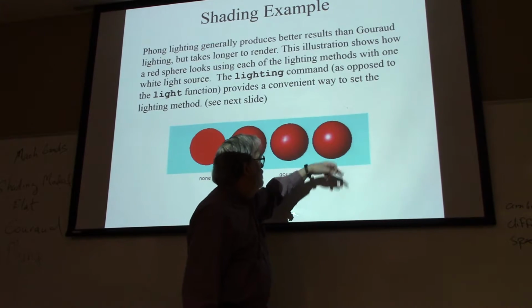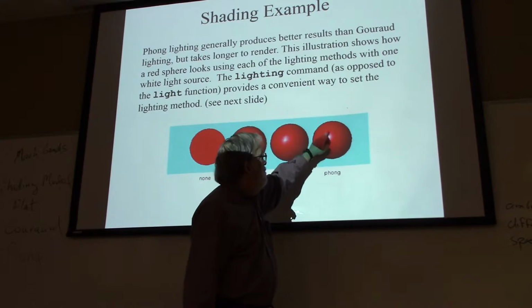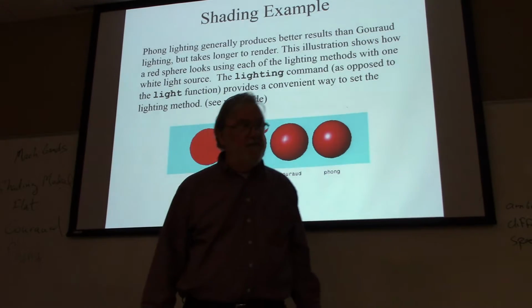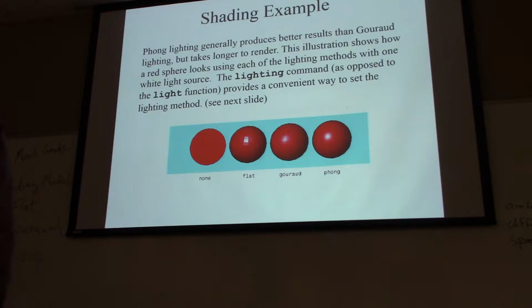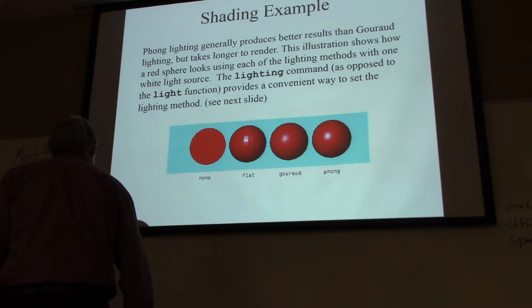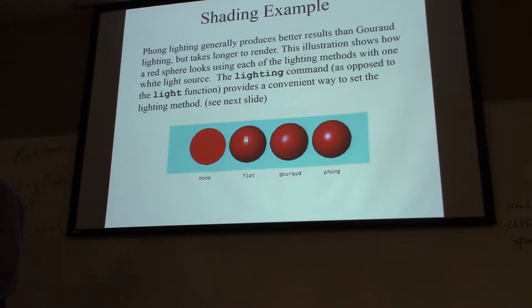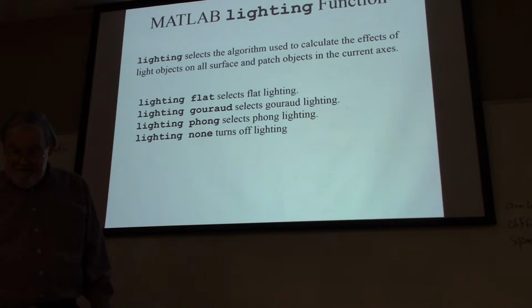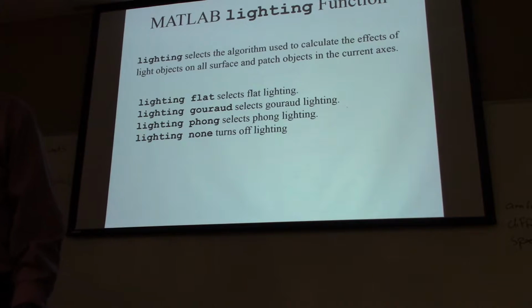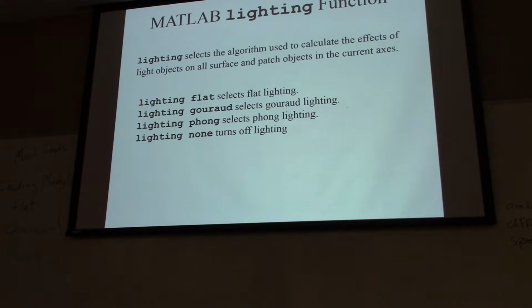And then the Phong shading doesn't do a perfect job in here, but it's much improved compared to the Gouraud shading model. So MATLAB has a function or a specification that allows you to choose from one of those four different choices.